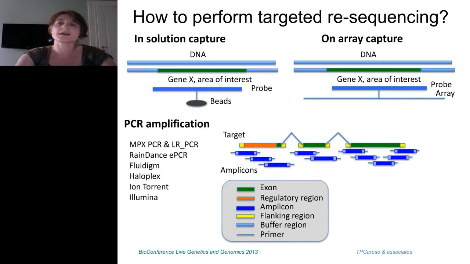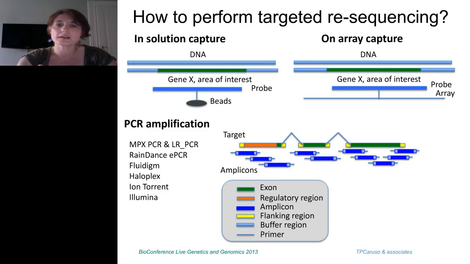How do we perform targeted resequencing? There are two main ways of doing this. First is to actually use capture of your target DNA. The second is through PCR amplification using specific primers. So what's the difference?